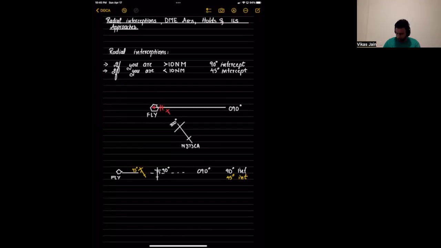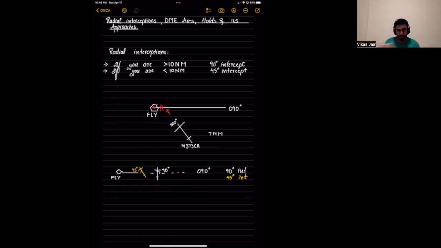You're flying a heading of 300, and you're asked to intercept a radial of 090 degrees. Let's say you are approximately 7 nautical miles from the VOR. As I told you, we are less than 10 nautical miles, so we'll be making a 45-degree intercept. So what heading will you use to intercept the 090 radial? Now is the time when we talk about course and heading.